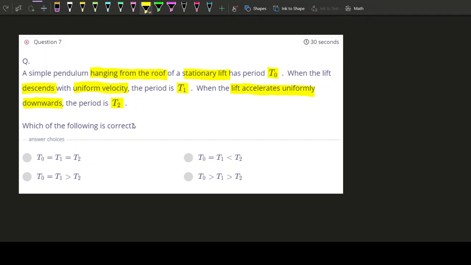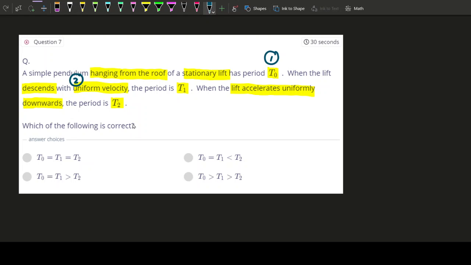A lot of information to unpack actually. When it's hanging from the roof of a stationary lift, it has period T0. This is case number 1. When the lift is descending with uniform velocity, the period is T1. That's case number 2.